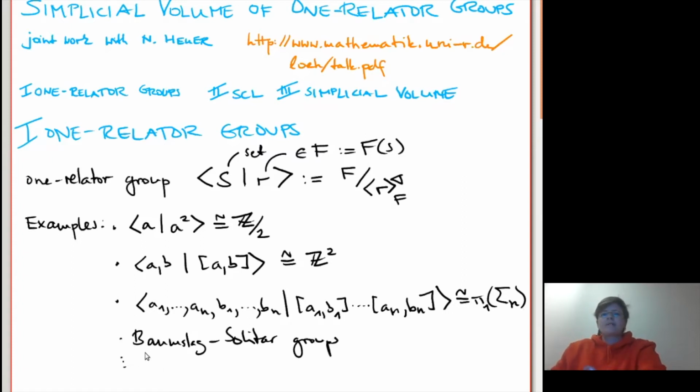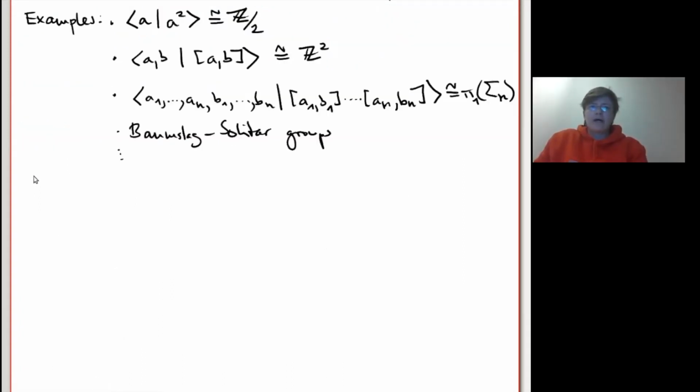And so on. On the one hand, it's a fairly rich class of groups. You can already have very strange behavior with a single relator, but it's still manageable because you just have one relator and not a chaotic list of relators that interact wildly with each other. So the question that one could ask is a very general question, and of course there's no general answer, but the overall question could be to ask: can you read off properties of this group from properties of the relator?